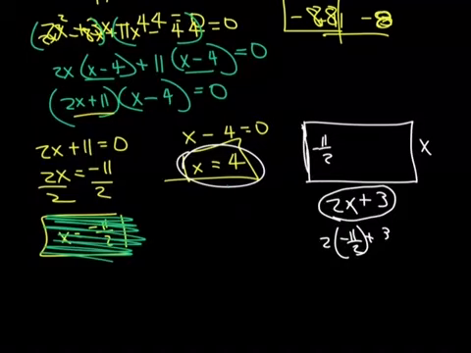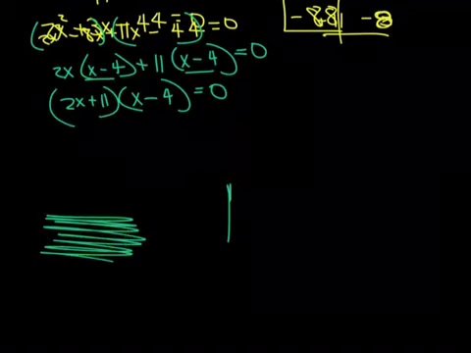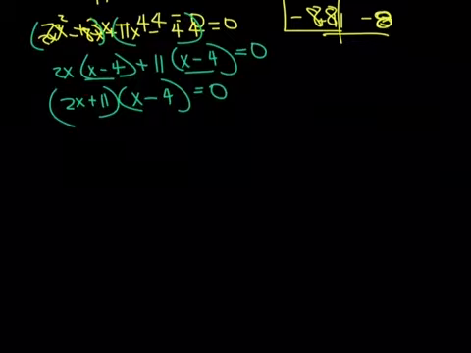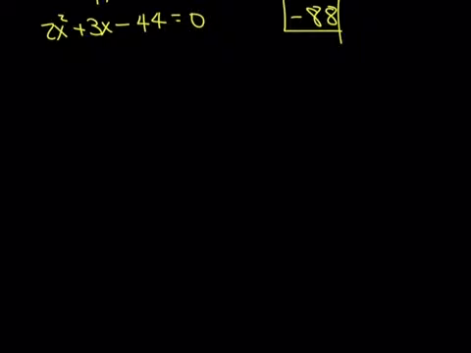So the only one you can use is x equals 4, and then 4 times 2 plus 3 is 11. Alright, so when you get a negative for an answer and you're looking for a distance, you know that you have something that ain't going to work. So just make sure you're aware of that, because they will try to catch you with that. It is important to remember that a negative number doesn't work.